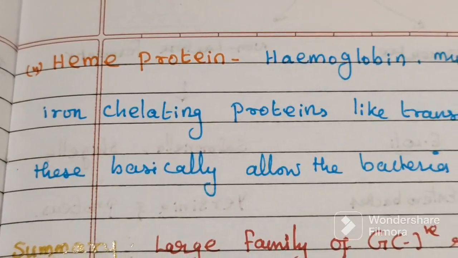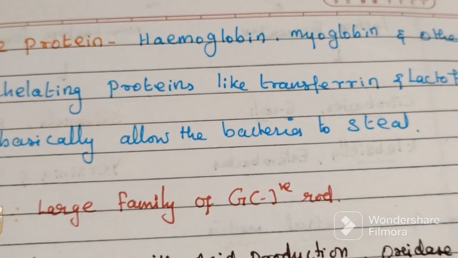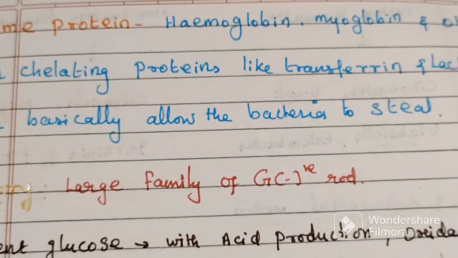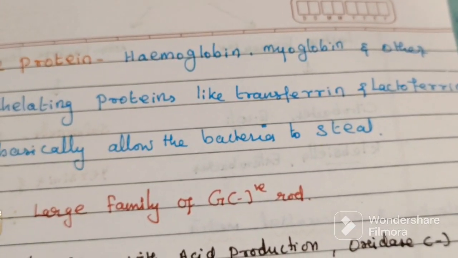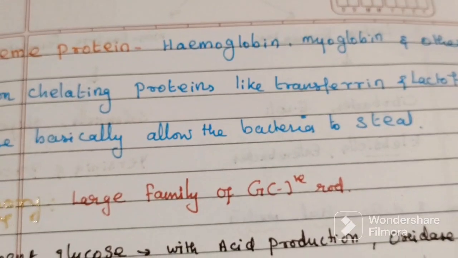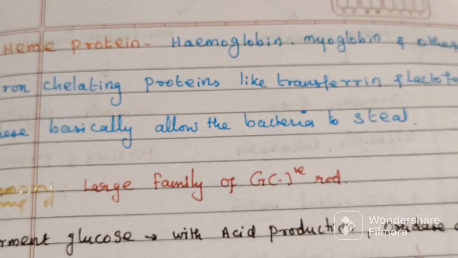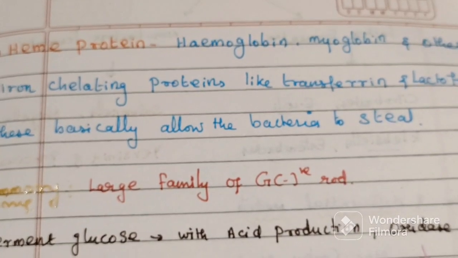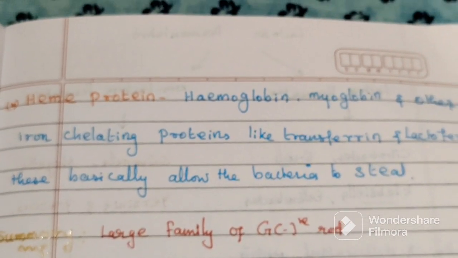Heme proteins, hemoglobin, myoglobin, and other iron-chelating proteins like transferrin and lactoferrin basically allow the bacteria to steal iron from us, which helps them grow.